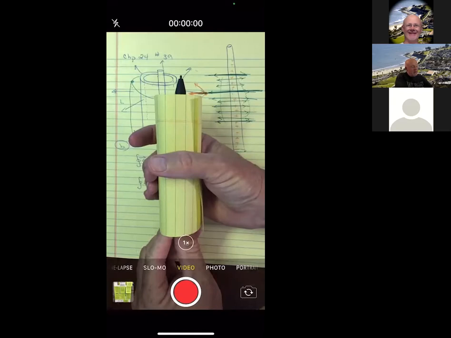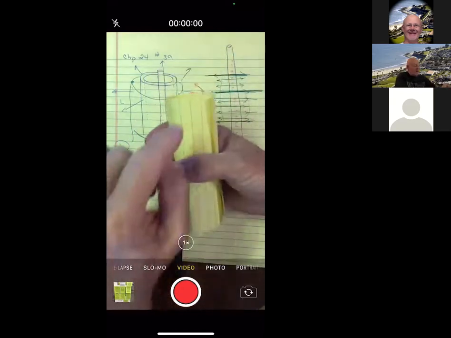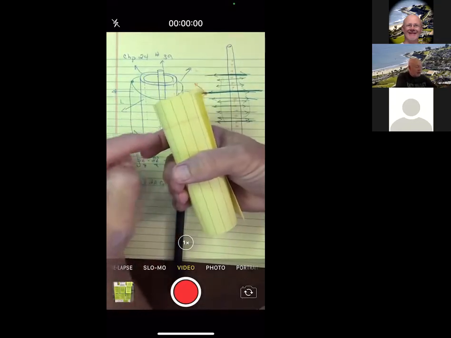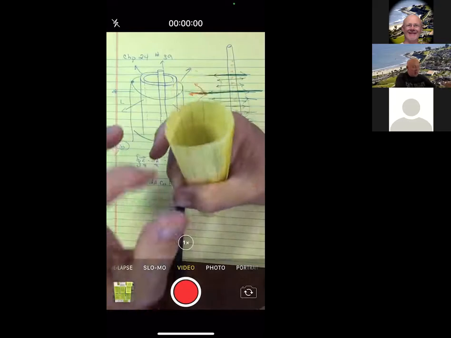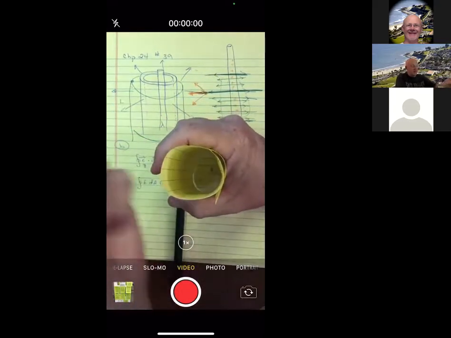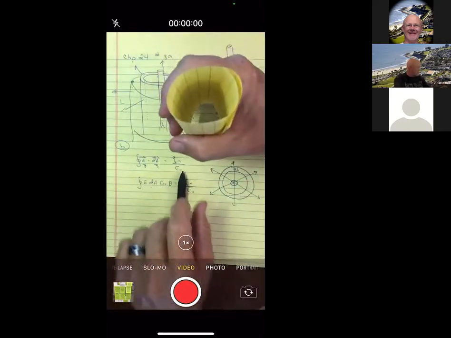So if I do something like that, then the normal vector of this cylinder is also what I'd call radially outward in a cylindrical case. That is perpendicular to the z-axis as we go around the z-axis.